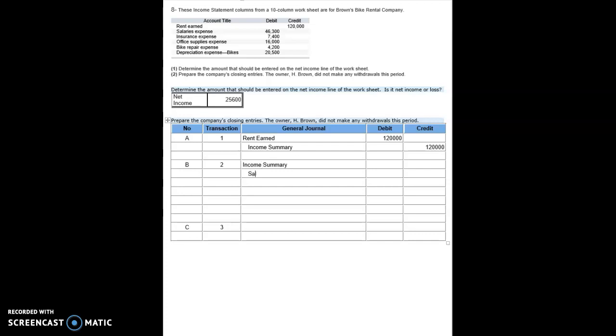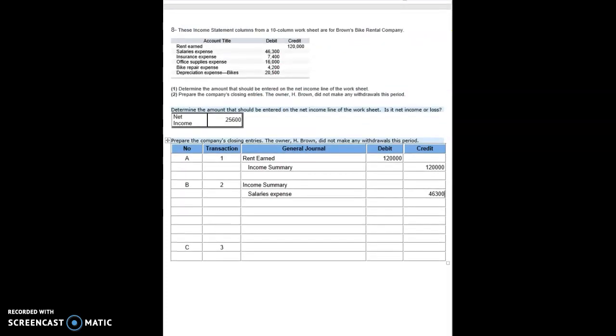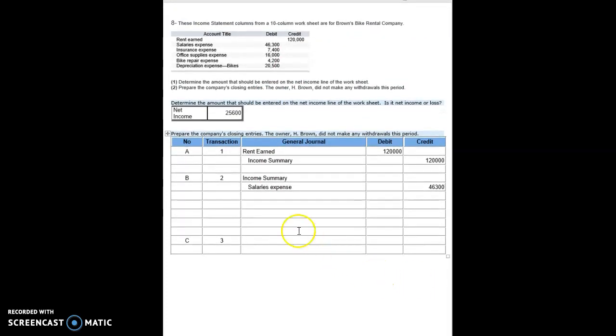So they had salaries expense, which was $46,300. We had insurance expense of $7,400.